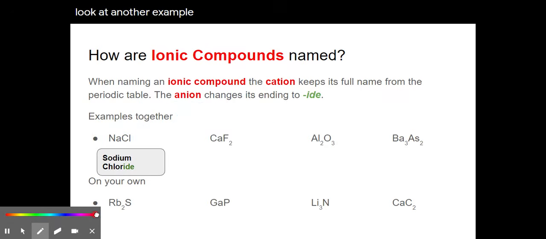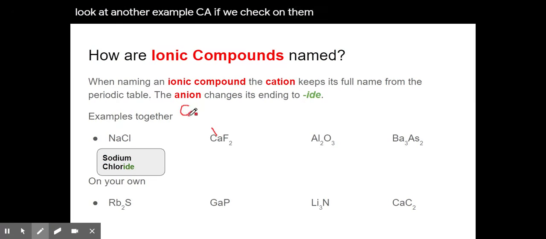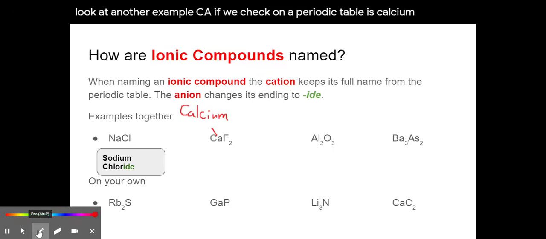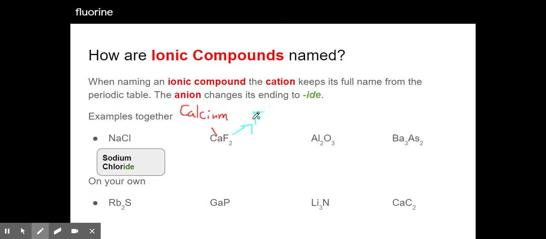Let's look at another example. Ca, if we check on a periodic table, is calcium. F is fluorine. So it drops the ine and changes to ide.